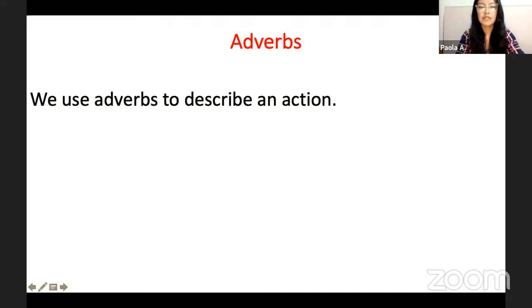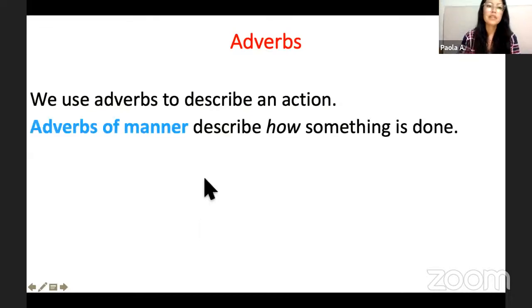However, adverbs are going to describe the action, that means the verb, right? And sometimes they change the verb, sometimes. So let's see adverbs of manner, like I mentioned before. So these adverbs, especially, they describe how something is done, all right?